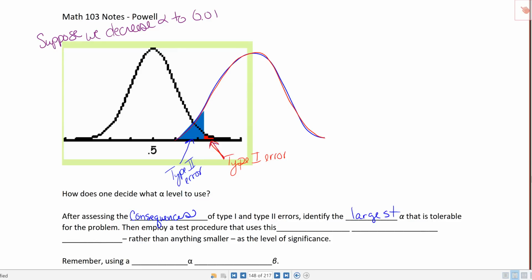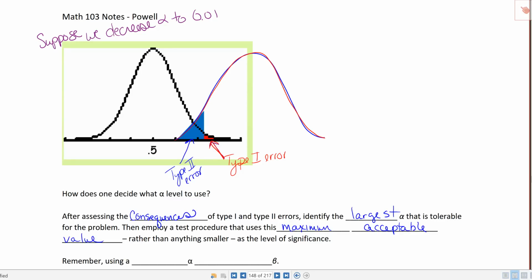And then you employ a test procedure that uses this maximum acceptable value rather than anything smaller as the level of significance.